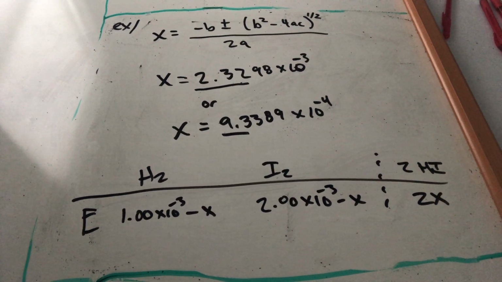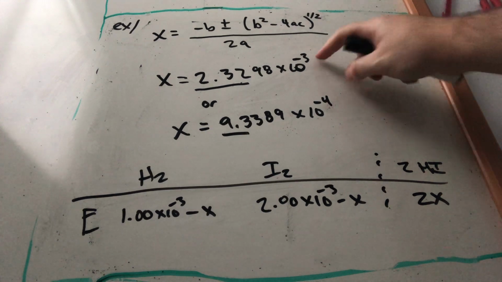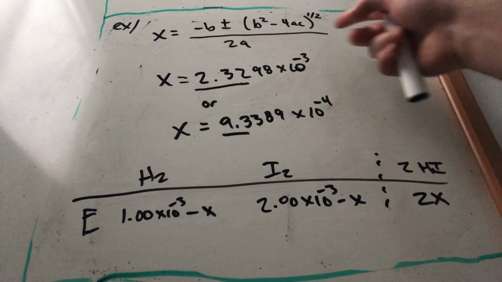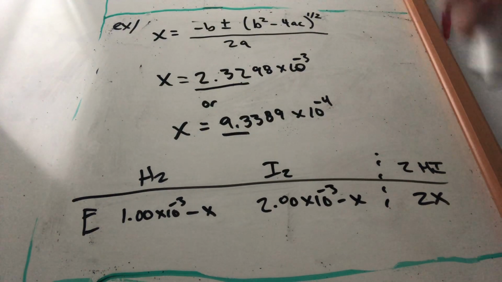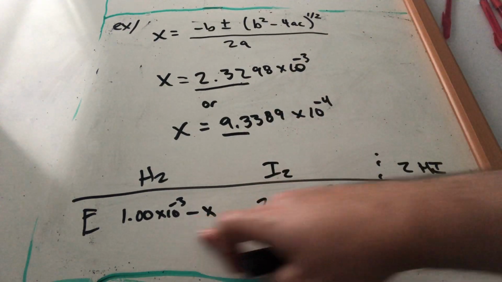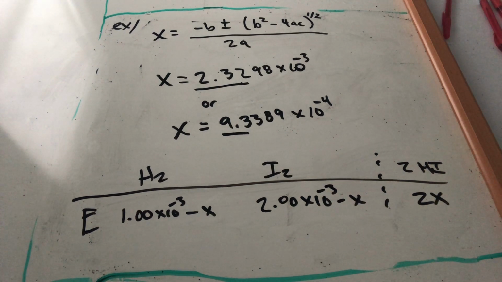So you have to pick one of these x's to make sense. And I just said an important thing. If any of these x's are negative, you would put that x in the ice table and it doesn't make sense to have a negative concentration. That same thought process applies when you look at these E settings here.